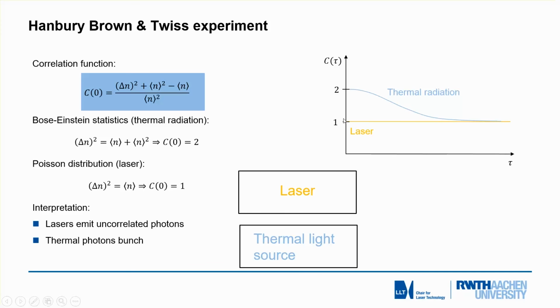And what we observe is that the correlation of the 2 beams is 2 for thermal radiation and it's 1 for laser radiation.